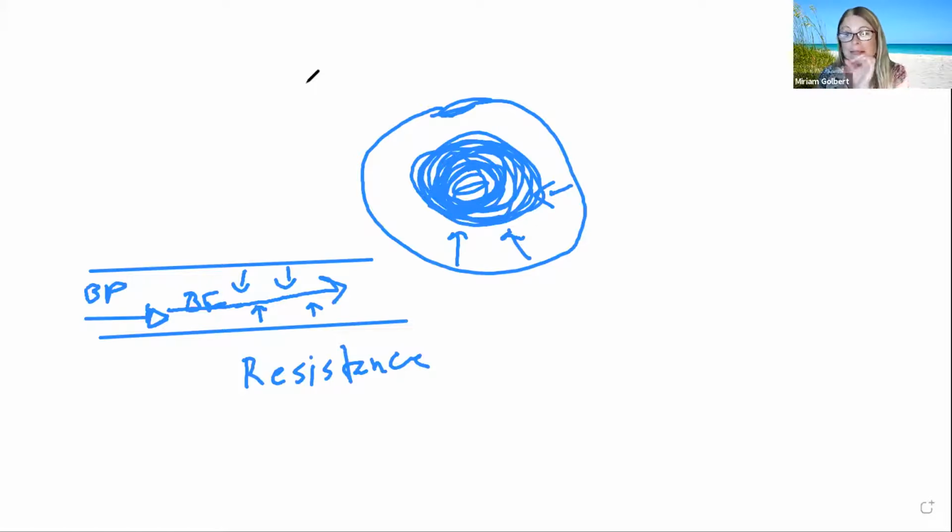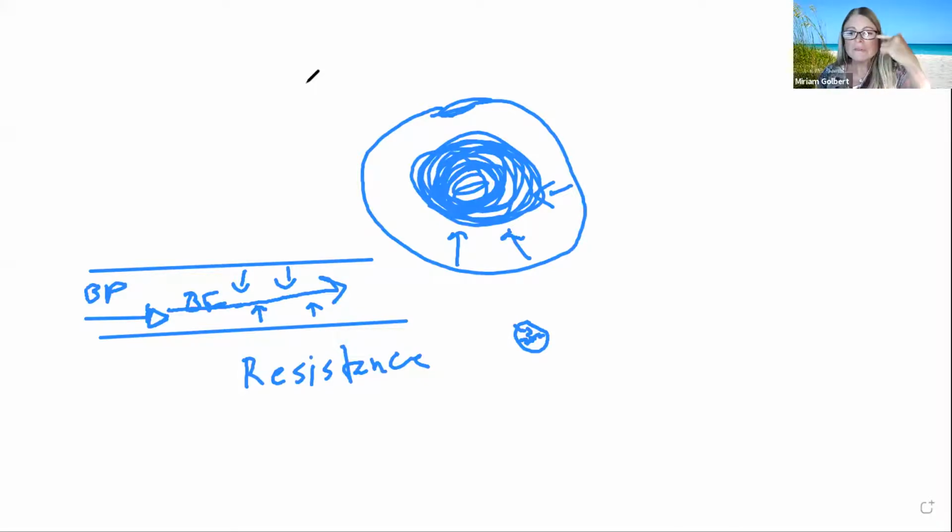But if you think about a little capillary, right? A capillary this big, imagine that that's going to be a lot of resistance to that blood flow, right? So big arteries, low resistance, is inversely proportional. Small little capillaries, high resistance, yeah?